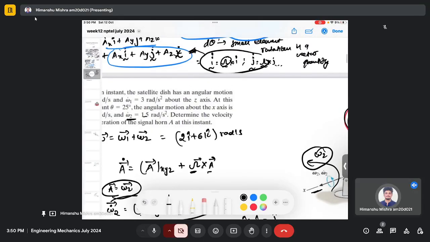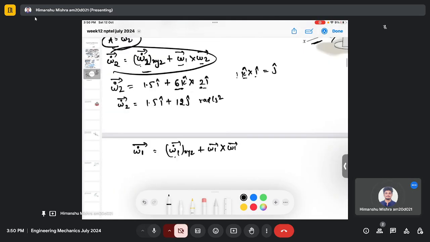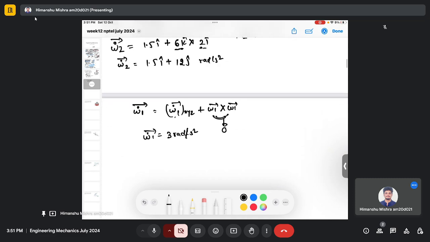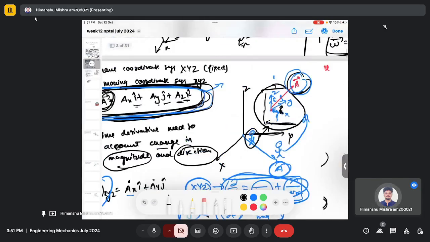It is actually 3 rad per second square, and omega 1 cross omega 1 will be 0, so omega dot 1 will be 3 rad per second square. Then the total acceleration will be omega 1 dot plus omega 2 dot. So it's the same that we have discussed here.